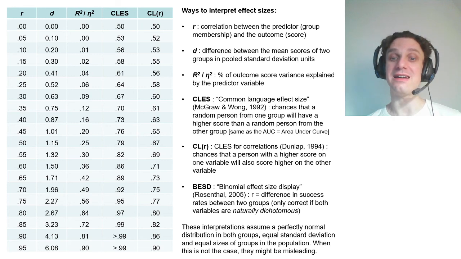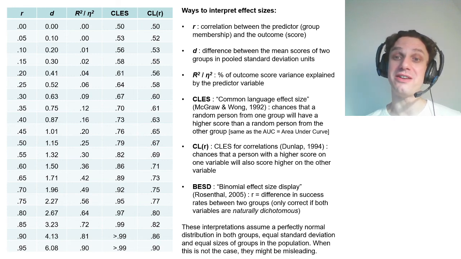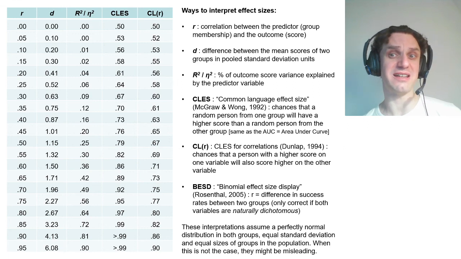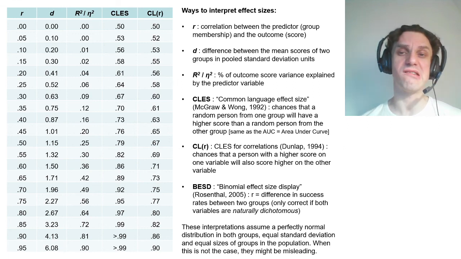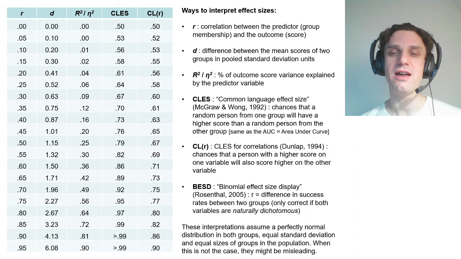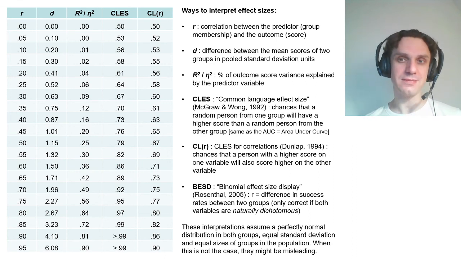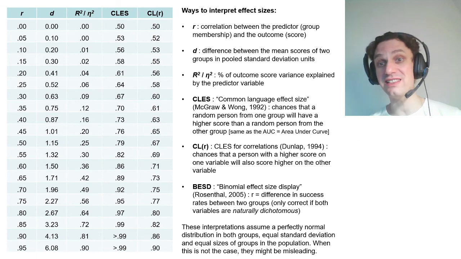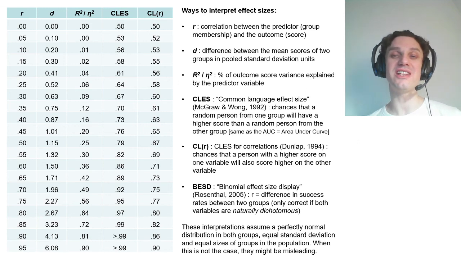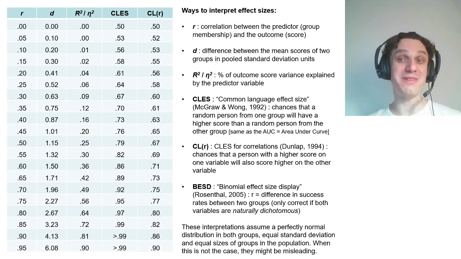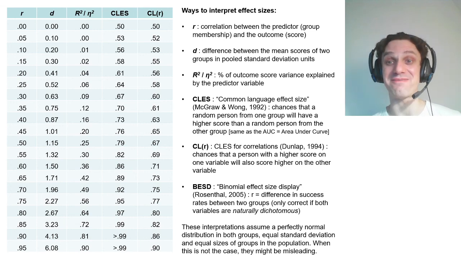However, another problem appears when you need to present your effect to people who are not specialists, to people who are not psychologists. And if you start telling them something about correlation, they will say, I'm not sure what it is, or what a standard deviation is, they might not even know. And even if they know, they might not be convinced by these numbers. So you need to find a way to explain your effect to them in a way that would be much more intuitively appealing.